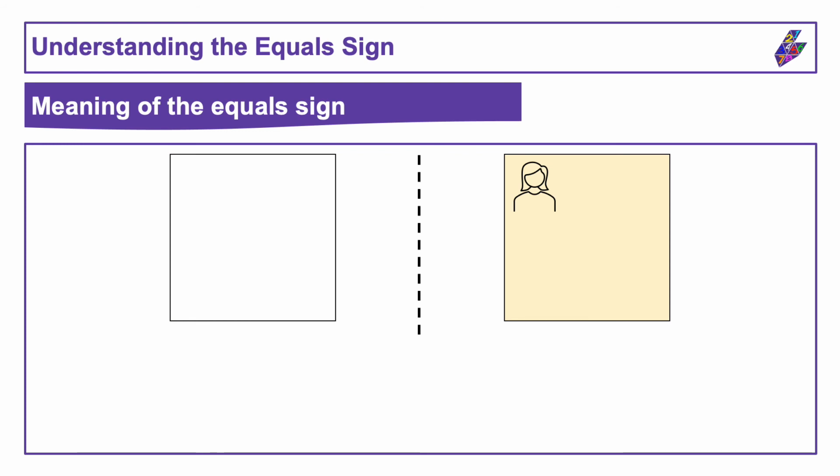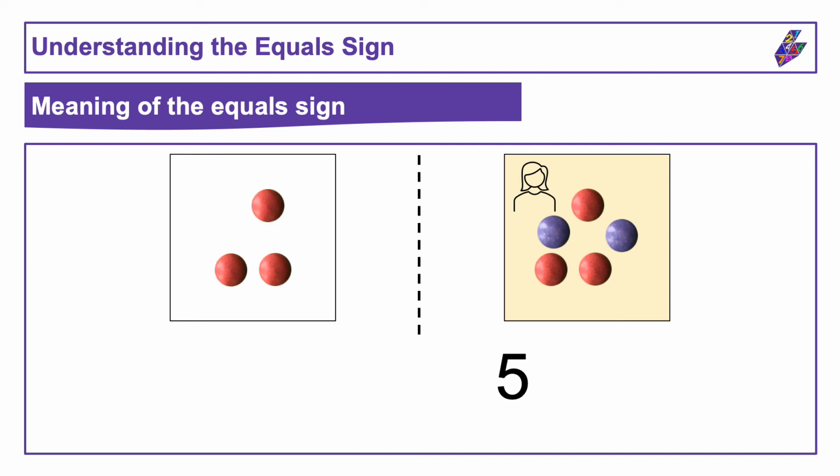We could explore this a different way. We might know that Ellie had 5 Smarties. We might also be told that after eating some of her Smarties, she had 3 left. How can we work out how many Smarties she ate? So we know she started with 5 Smarties, and after she ate some, she just had 3 left. So how much must be subtracted from 5 to make it equal to 3?